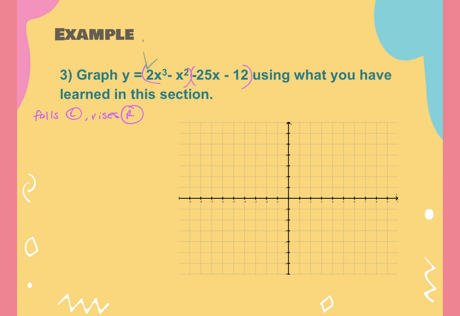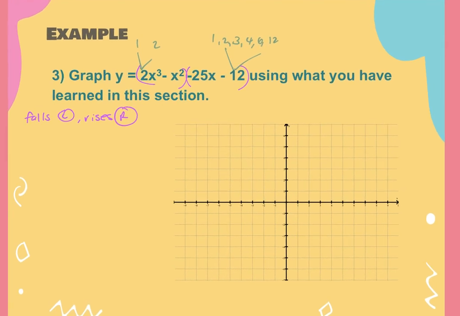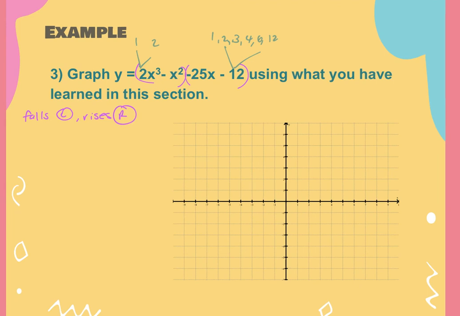So my first this time is 1 and 2. My last is 1, 12, 2, 6, 3, 4. So my possibles, plus and minus, 1 over 1, 2 over 1, 3 over 1, 4 over 1, 6 over 1, 12 over 1.